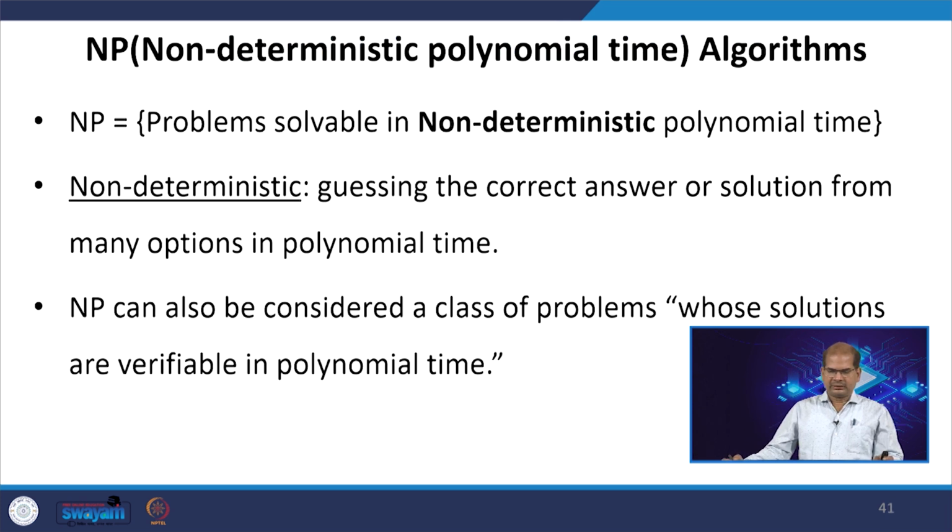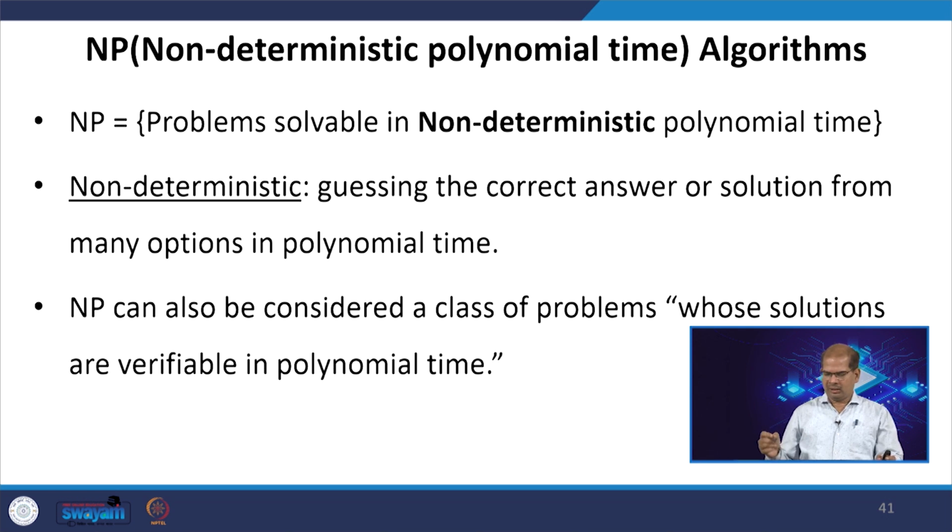Here we discuss NP, the non-deterministic polynomial time algorithms, where we cannot find the solution in polynomial time. These problems are very hard to solve, and the only way to find a solution is to guess some solution for this problem, and we can verify whether the solution is correct or wrong for that problem statement in polynomial time.